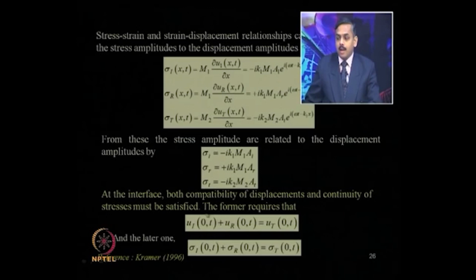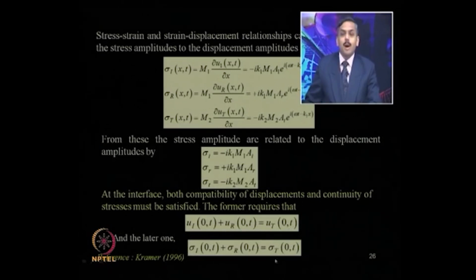That means whatever is u of I, the incident wave displacement at x equals 0, because that is the coordinate of the boundary, at any time, plus the reflected wave displacement u of r at the same x equals 0 at any time, should be equal to the displacement of the transmitted wave at x equals 0 at any time. So, that displacement boundary condition has to be satisfied.